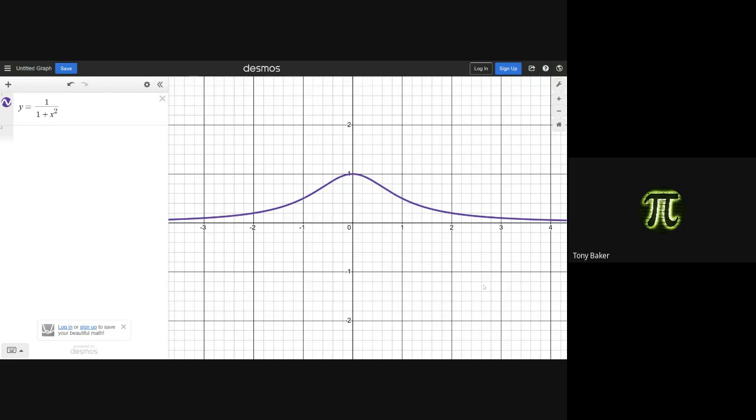It's literally symmetric. So if you were to actually graph that, that's actually what the graph of the derivative of it is. Yeah.